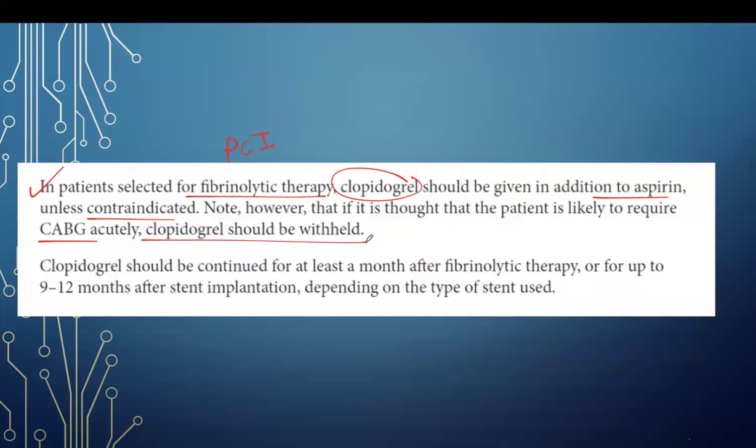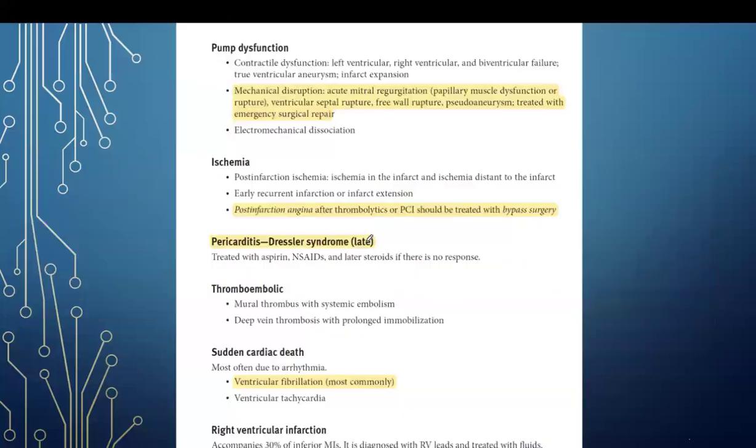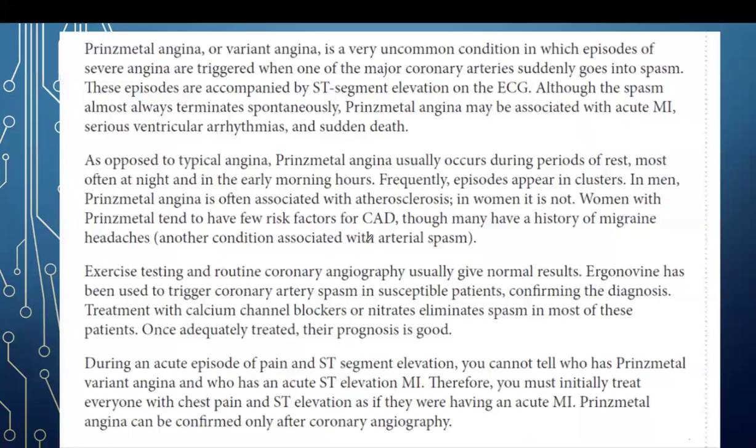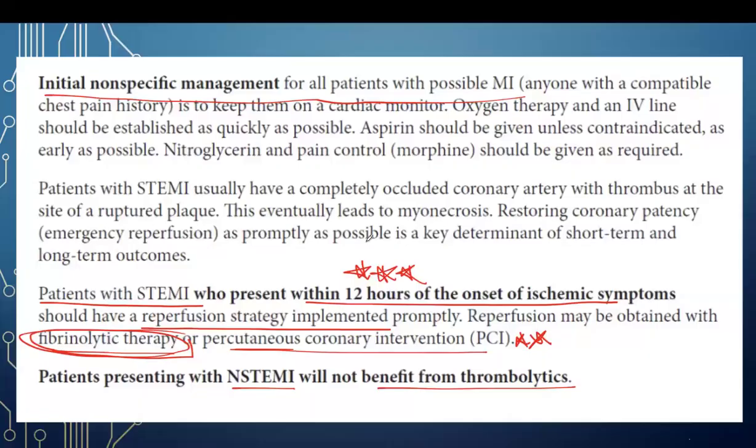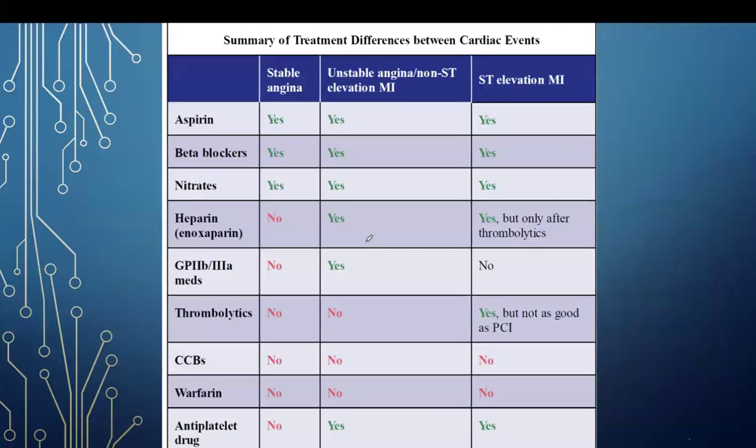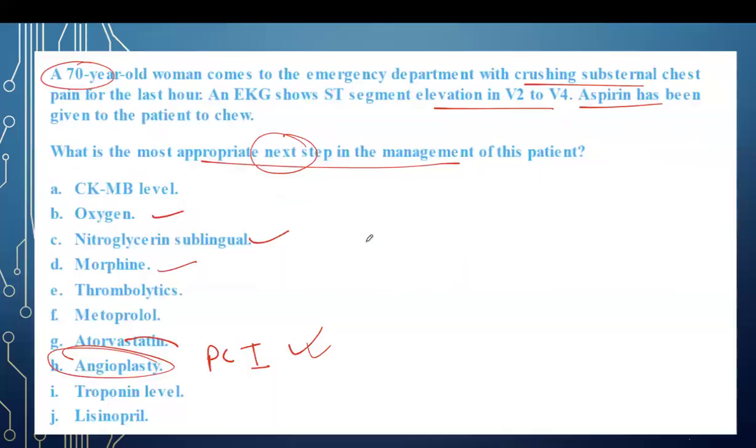That means if your patient is needing a surgery within few days also, normally you would not start the patient with clopidogrel. Just start with aspirin. Clopidogrel usually will be added after the surgery. So that is the management for ST elevated MI.